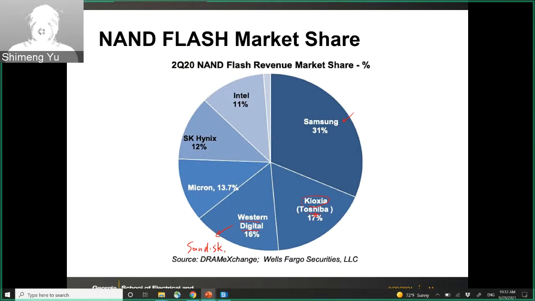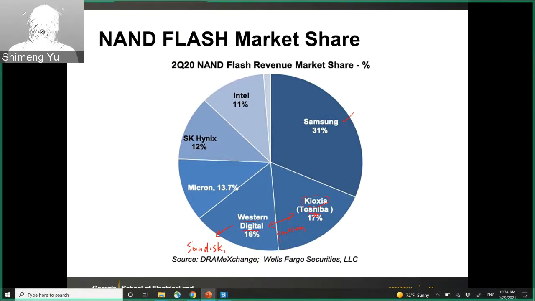So Western Digital is also important in the flash business. And actually, Toshiba and SanDisk, or nowadays Kioxia and Western Digital, are partners in the NAND Flash development. They co-own the manufacturing site and also the R&D.